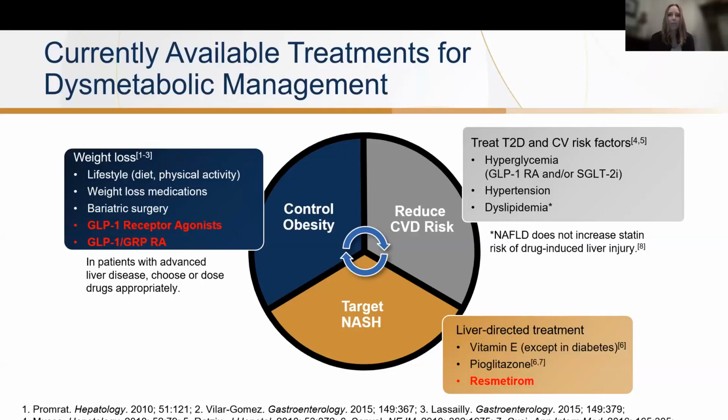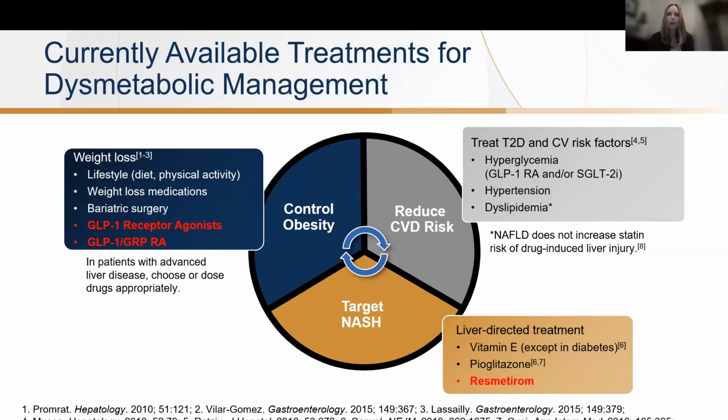These have the dual benefit of not only weight reduction, but also glycemic control. We always want to remember that in patients with advanced liver disease, we need to choose our medications appropriately.